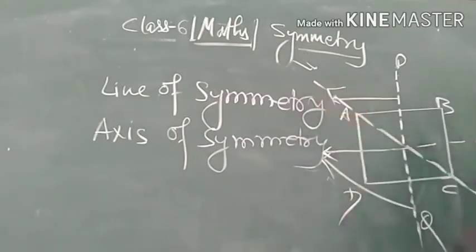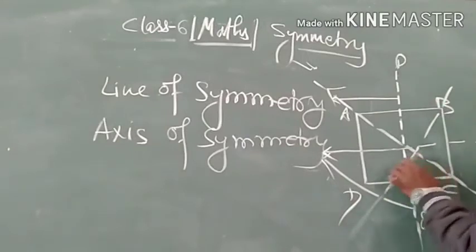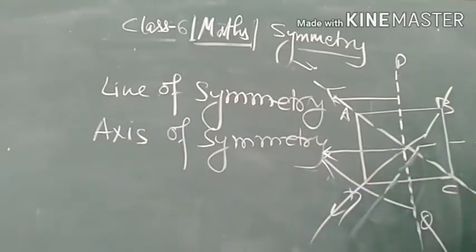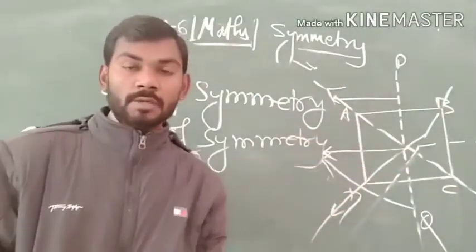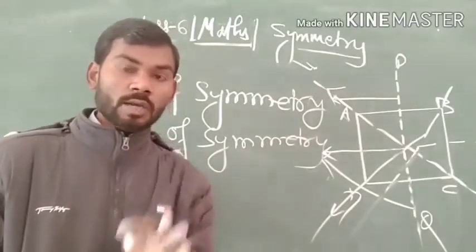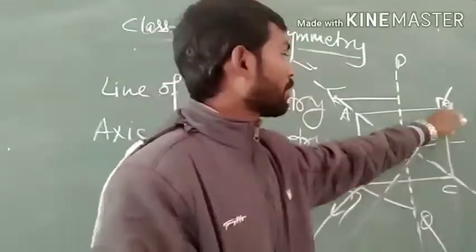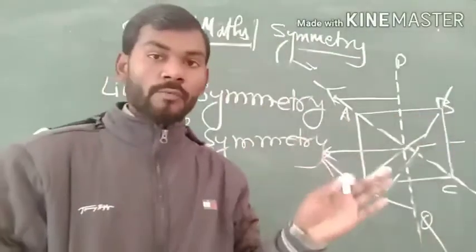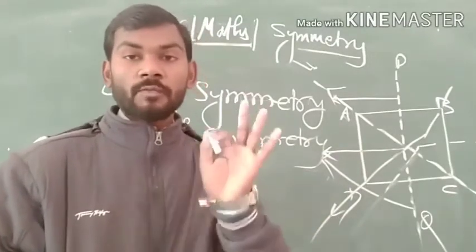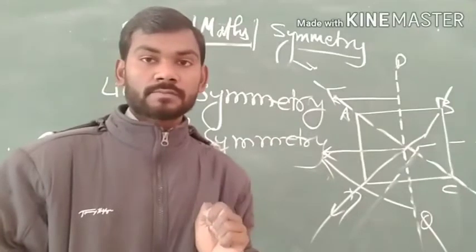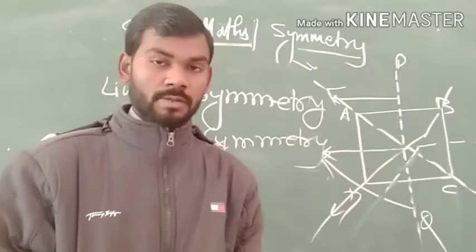This is the third way, and this is the last. So here we can see that this square can be divided into two equal halves in four ways, and hence a square has four lines of symmetry.